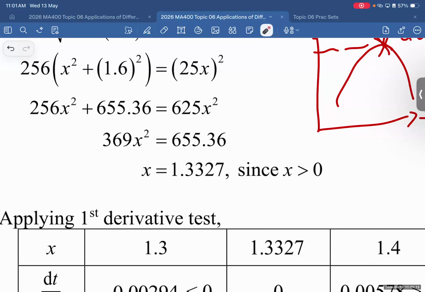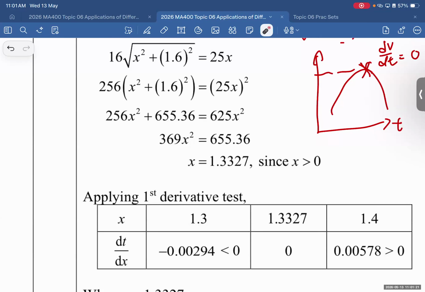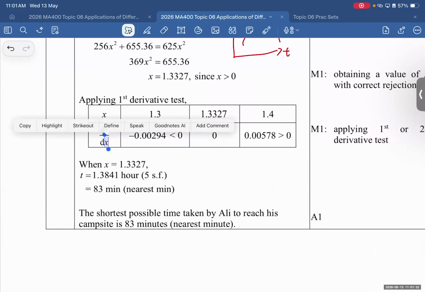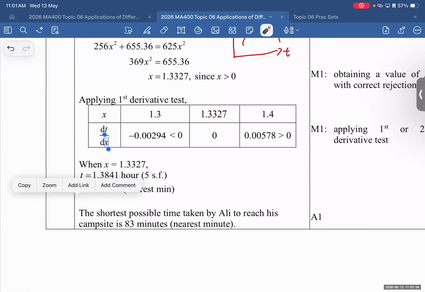But there are plus and minus square root of 1.5, 2, 7. All that remains is the first and second derivative of your case. Okay, do later.